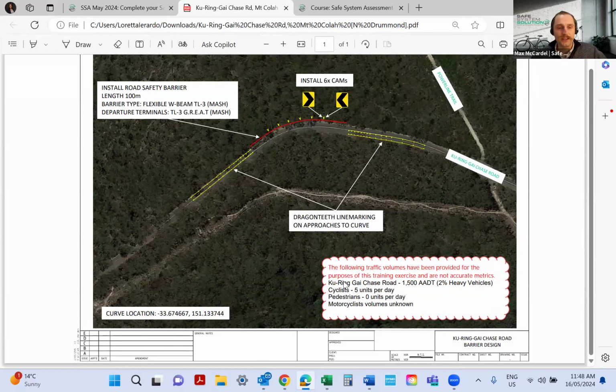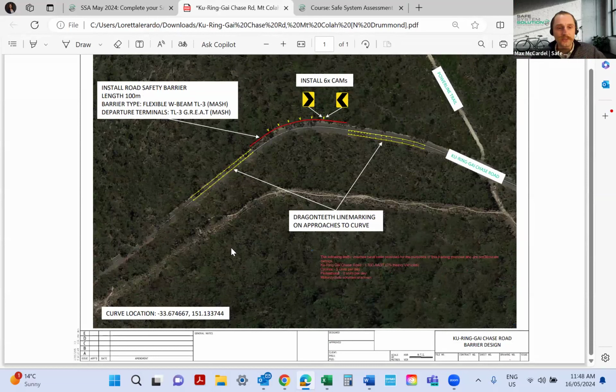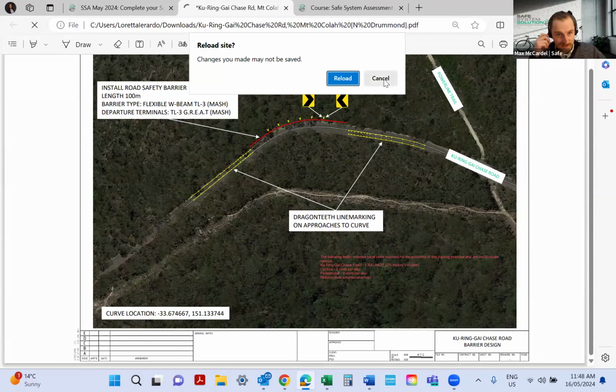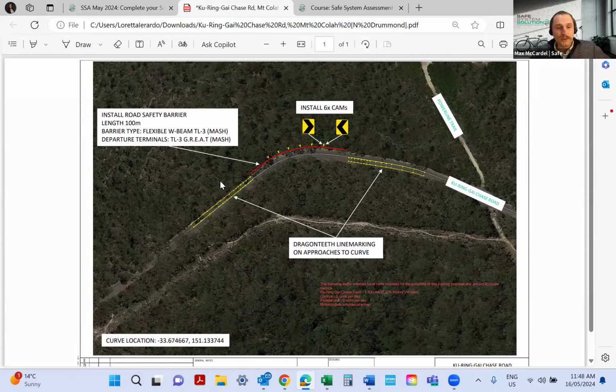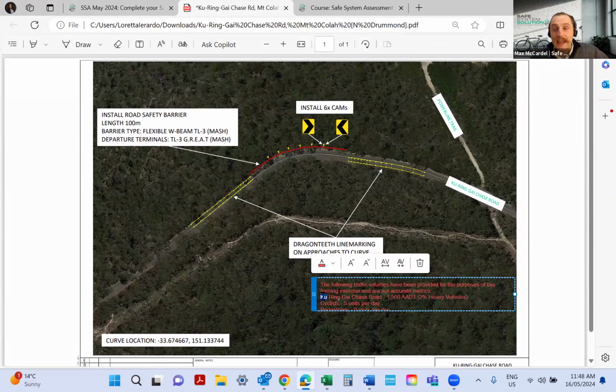What we've got going on here, you can see there are some notes saying install road safety barrier, 100 meters length, flexible W-beam, and it's got the departure terminals as well. Also installing some CAM, chevron alignment markers.